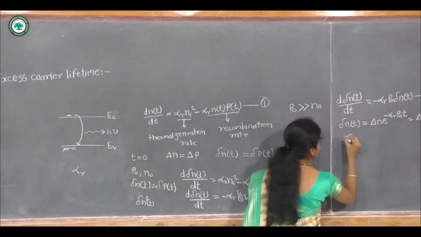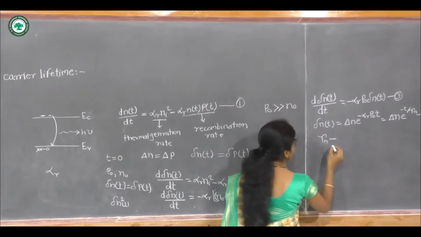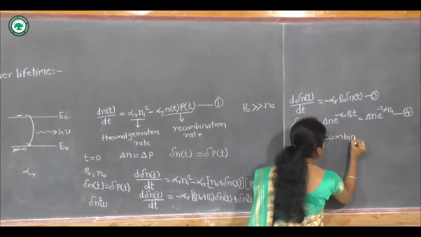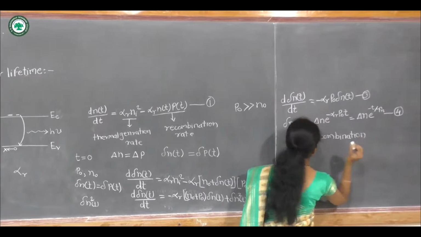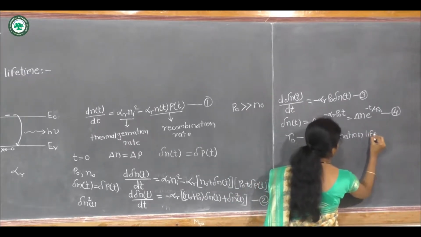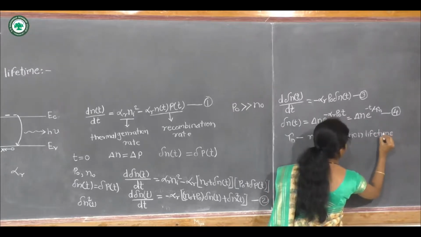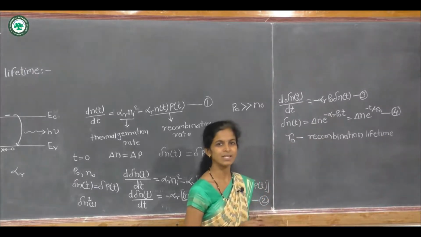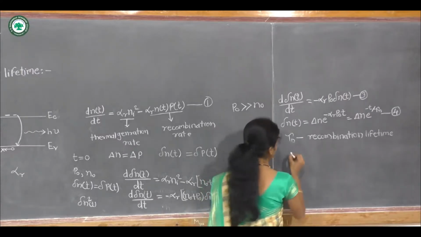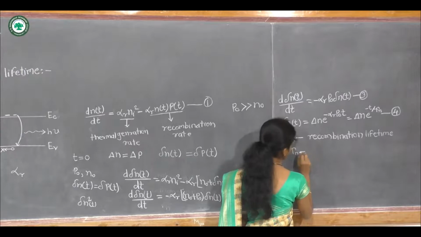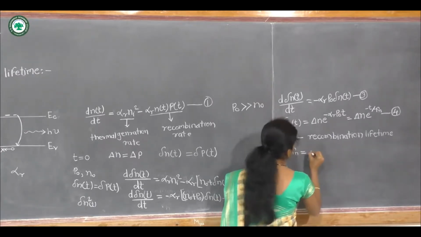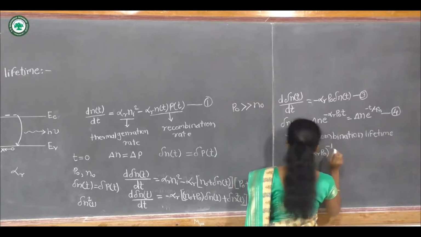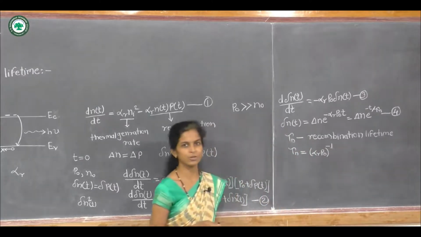So this tau n is also called the recombination lifetime, or the excess electron lifetime in p-type material, and it is equal to (alpha r into p0) raised to minus 1, that is, tau n is equal to (alpha r p0) inverse.